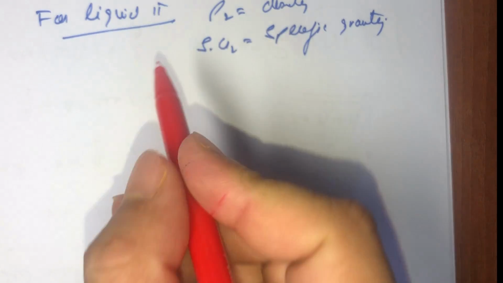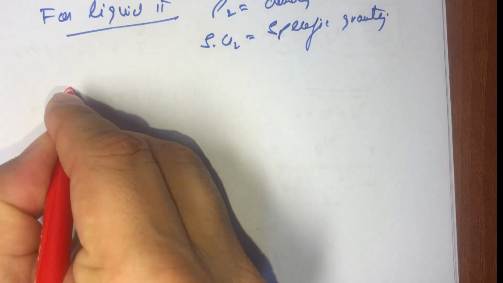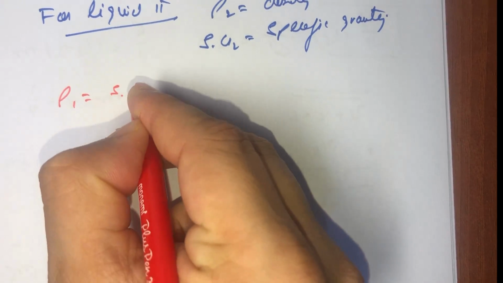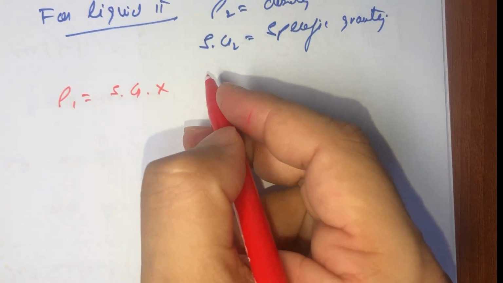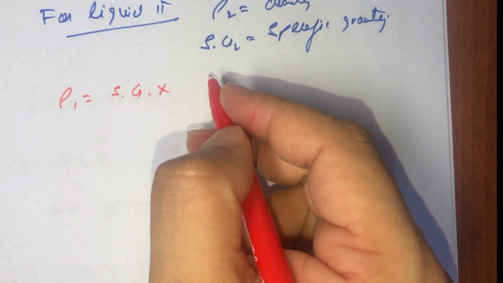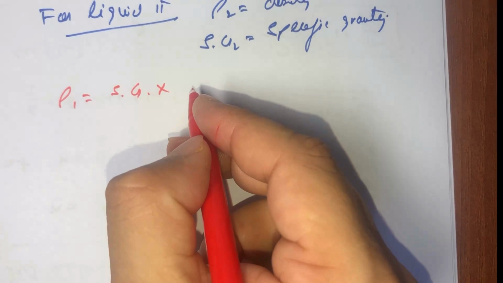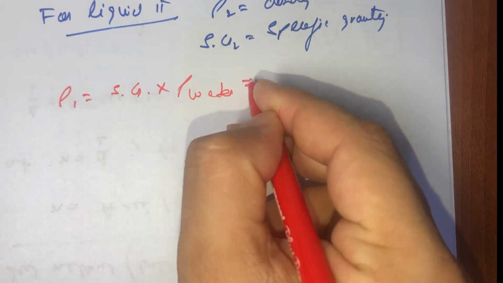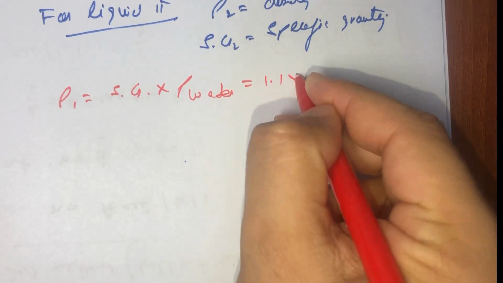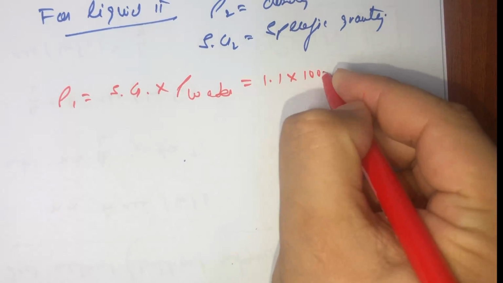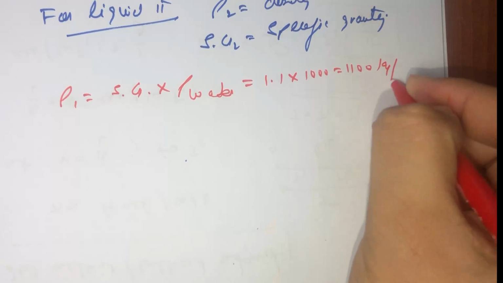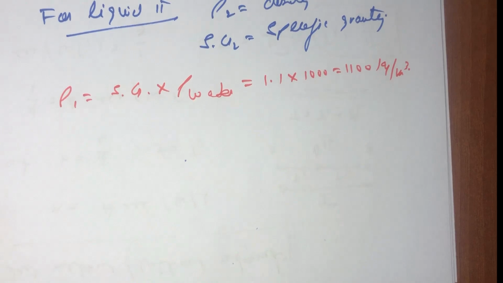Therefore, we can write that rho 1 will be equal to SG1 multiplied by the rho of water, which gives us 1.1 multiplied by 1000, and this gives us 1100 kg per meter cube.